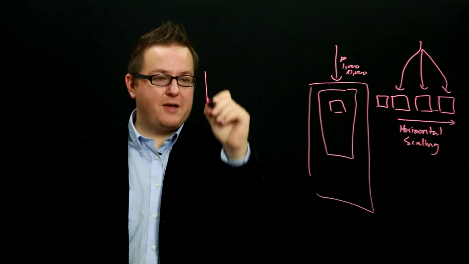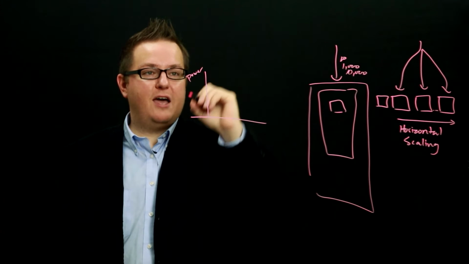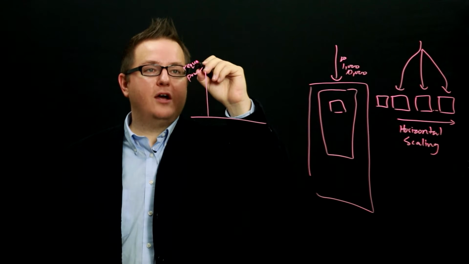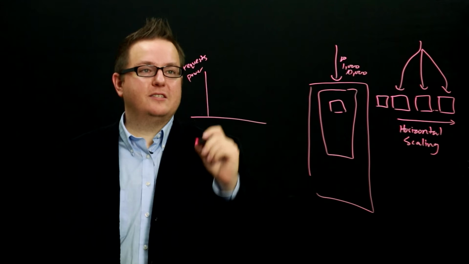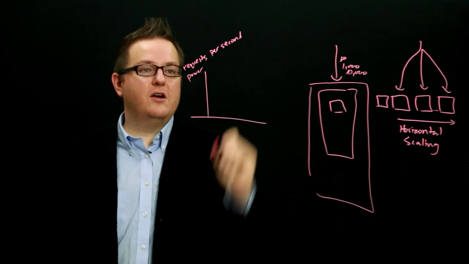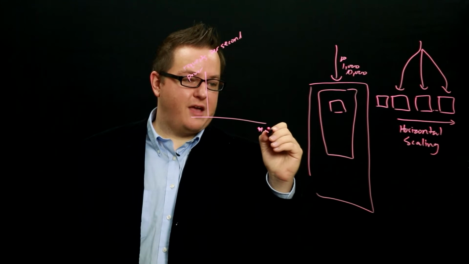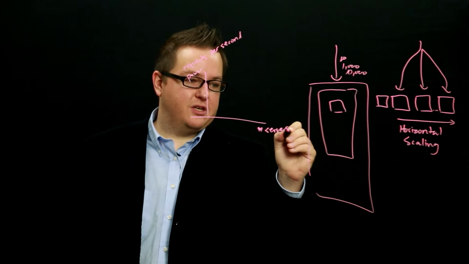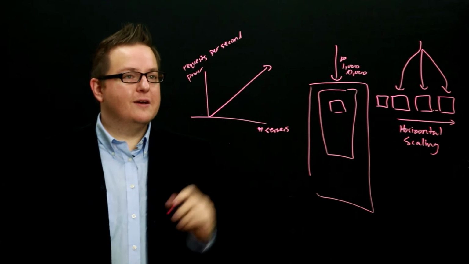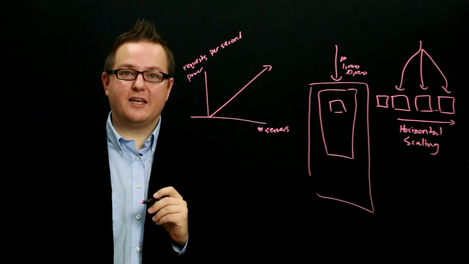So if we think about this as the computing power available to us and how many requests we can process, measured in requests per second, let's say. This is how we're going to measure our computing power. And this is the number of servers that we've allocated to our application. What we would expect is that as we allocate servers, we would automatically be able to have more computing power and thus process more requests per second.